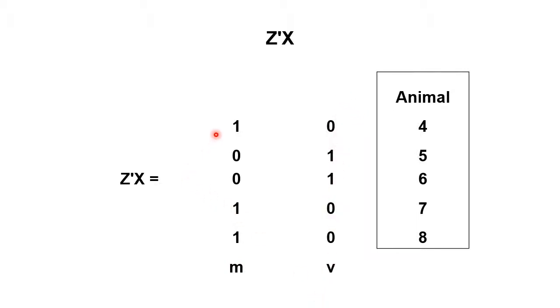The bottom part here would be a 1 for animal 4. It is a male, so it has an observation in the male column. The next 2 animals were females, so they have 1s in the female column, and the last 2 animals will have 1s in the male column.